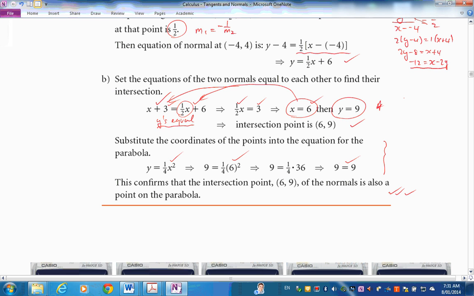Alright, so you can see there's some variations that they could make you do, but if you know your basic stuff, then that's good. Just noticing here, it was better to leave it in this form and not cross multiply there, because it enabled us to put the two y's equal. y equals x plus 3, y equals half x plus 6.